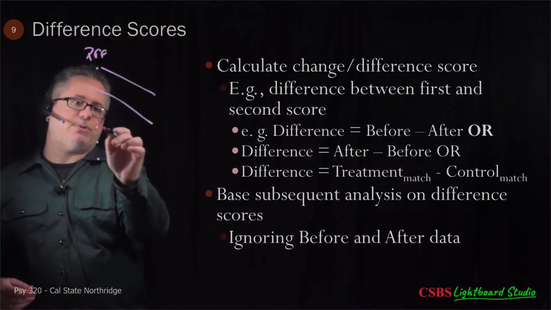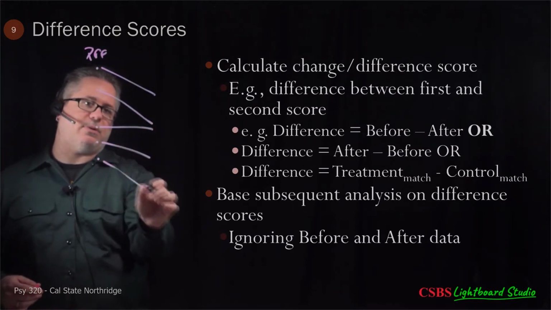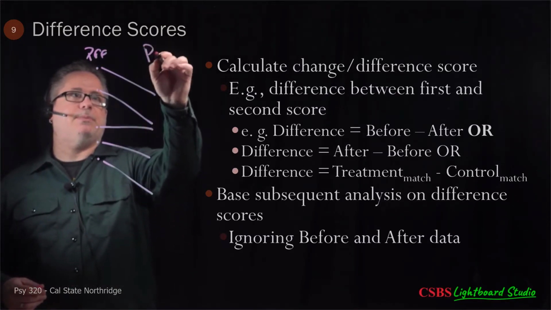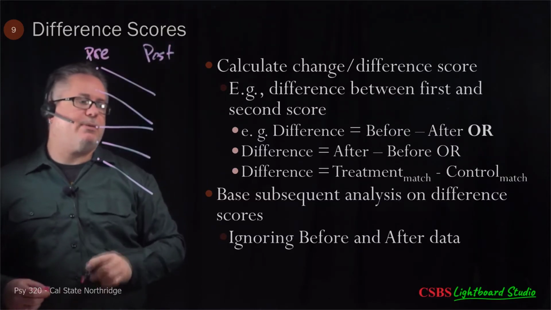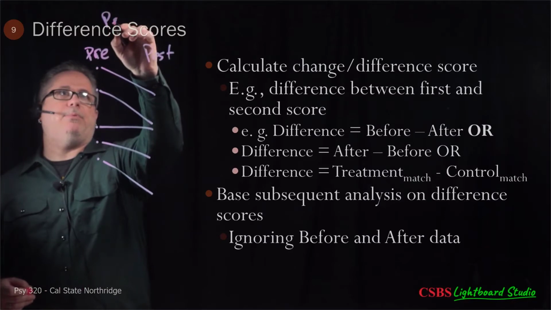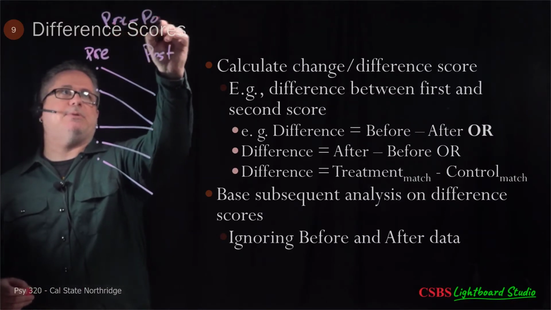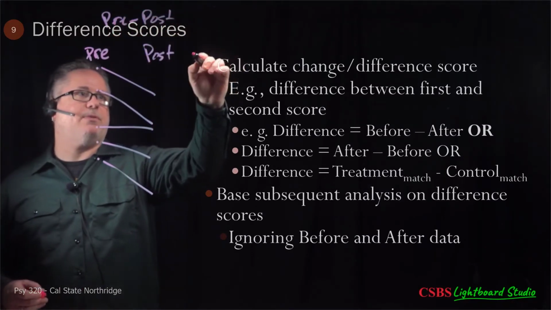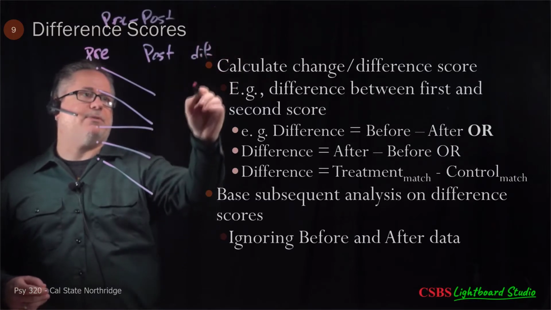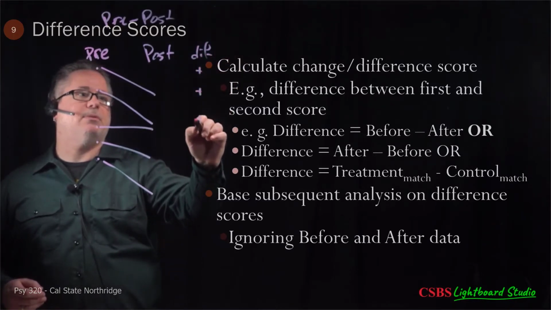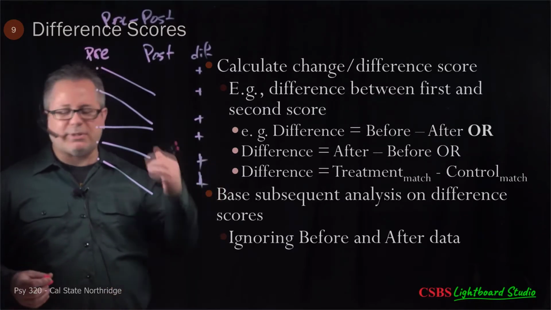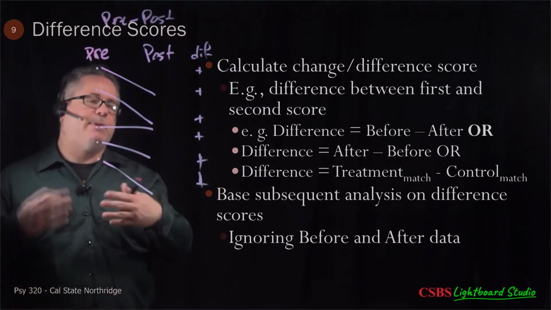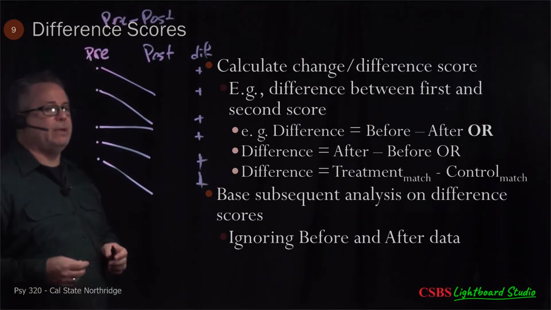You want everyone's scores to decrease afterwards at post. In this case, I would likely take pre minus post, so that all the difference scores would be positive numbers, right? Because if I took post minus pre in this case, then they would be negative numbers, and negatives would mean positives, and that just starts to make your brain hurt a little bit.